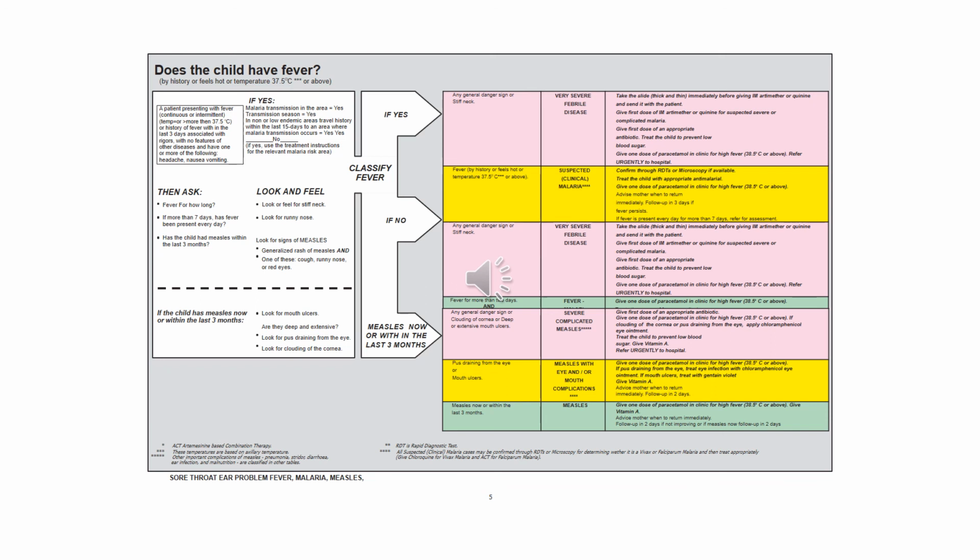Now, in this slide, I told you that the green zone looks like a blue one. So, in this type of classification, the child only has fever and there is no malaria. So, you give simple paracetamol to the child.